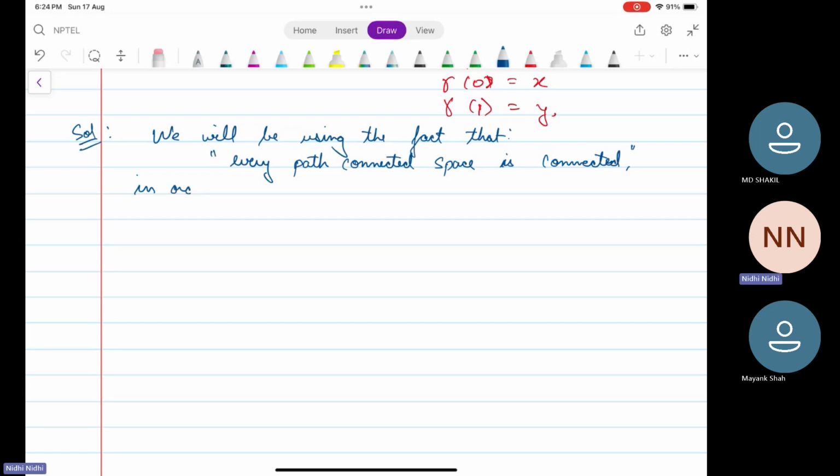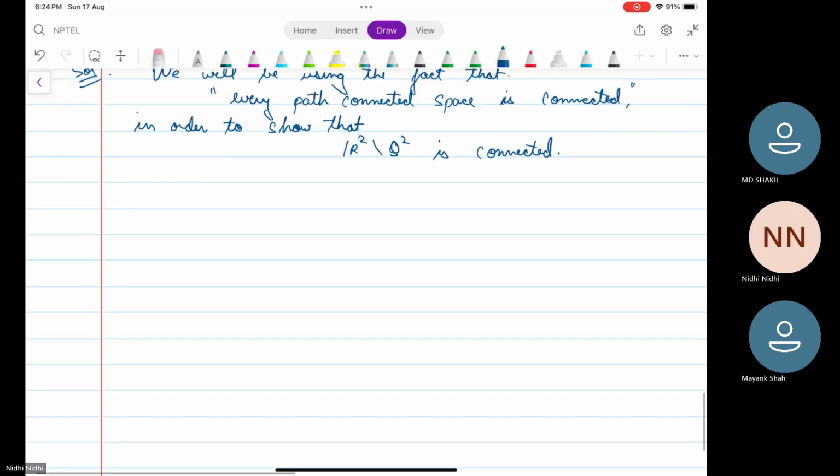In order to show that R2 minus Q2 is connected, we claim that R2 minus Q2 is path connected.